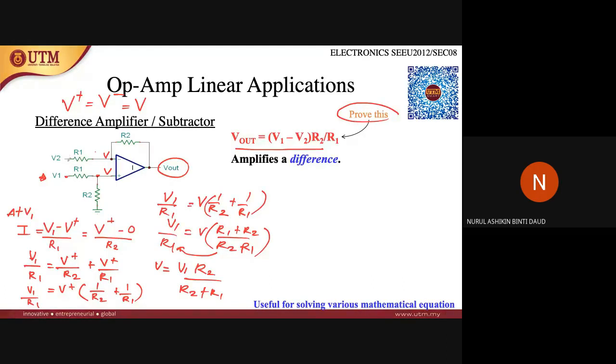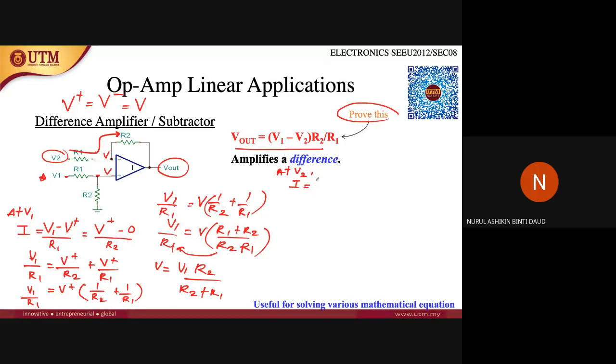Okay, so once you settle the V1 here, let's proceed to the V2. At V2, the I value is the same, since there's no current flowing inside the op-amp, so the flow of current here and here is the same.